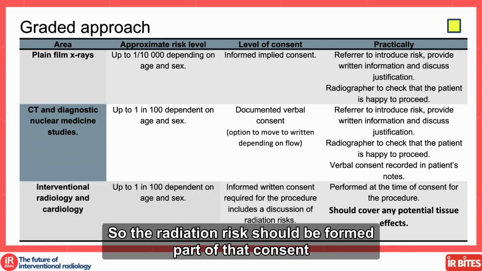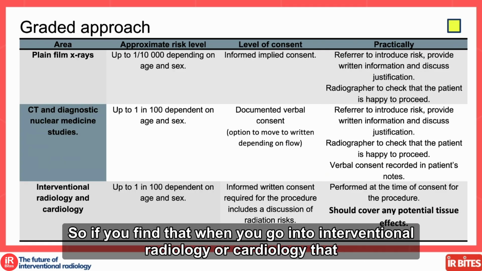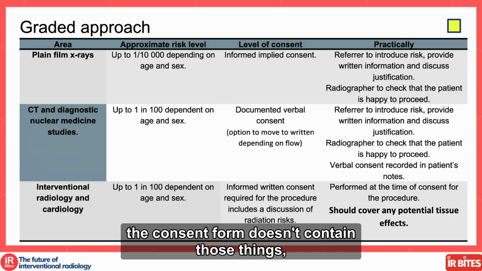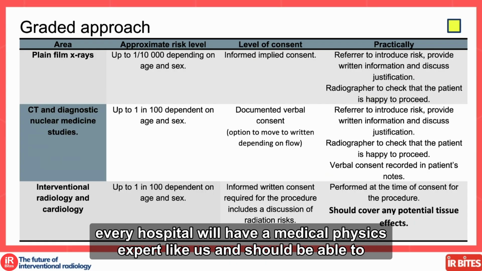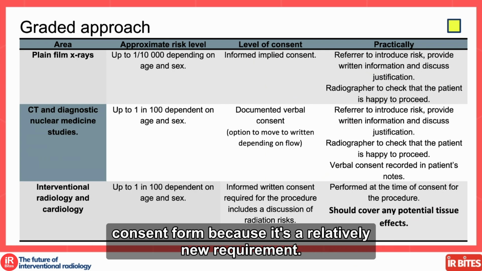So the radiation risk should form part of that consent process, and it should include any potential tissue effect. If you find that when you go into interventional radiology or cardiology the consent form doesn't contain those things, every hospital will have a medical physics expert like us and should be able to provide that information so that you can add it to the consent form.